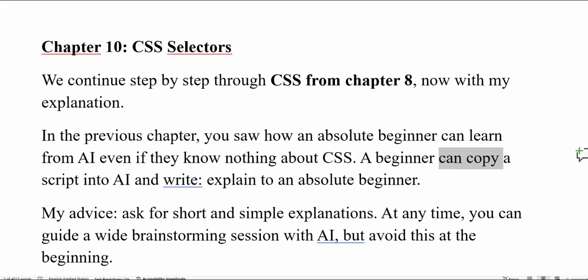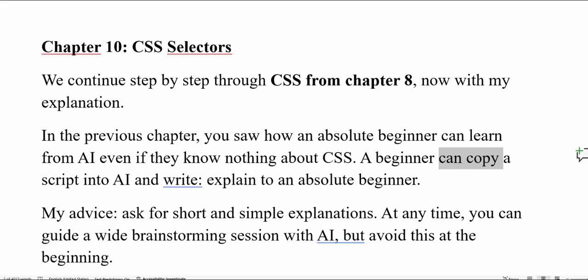A beginner can copy a script into AI and write, explain to an absolute beginner. I said can copy. Of course, he types the script in Notepad, for example. And again, types the script in ChatGPT. It is excellent. Type, many times type.